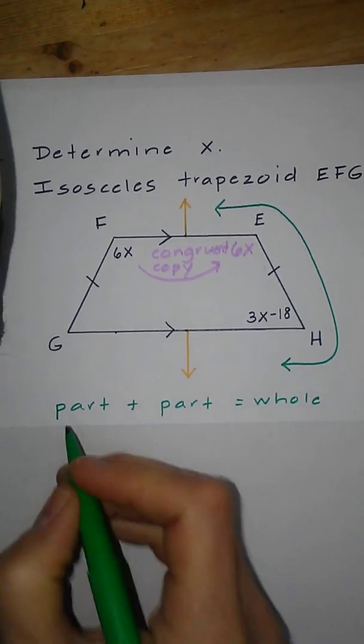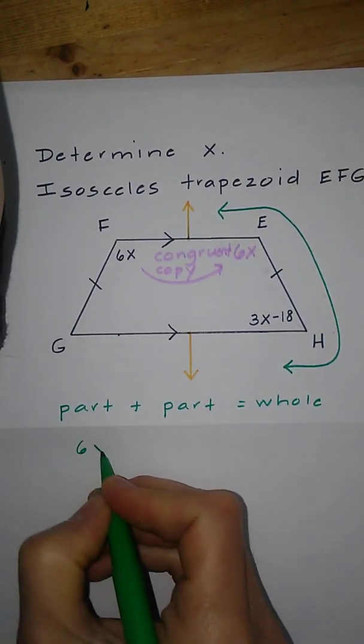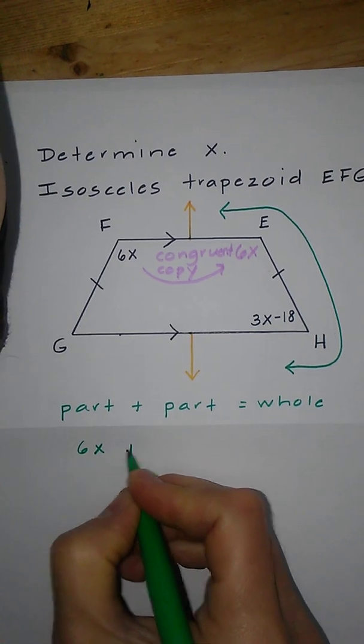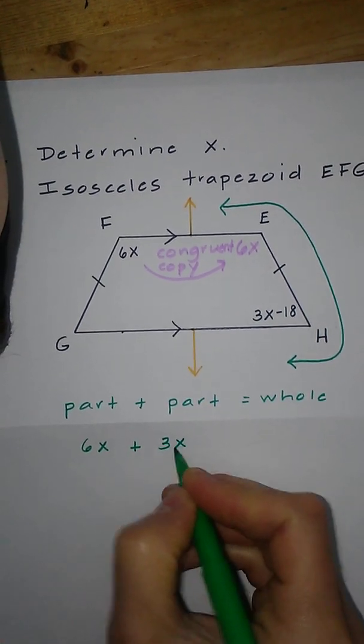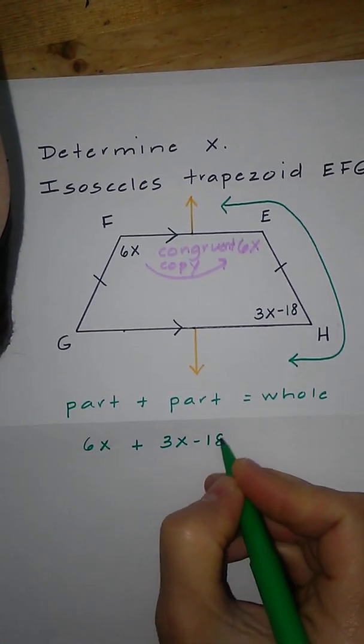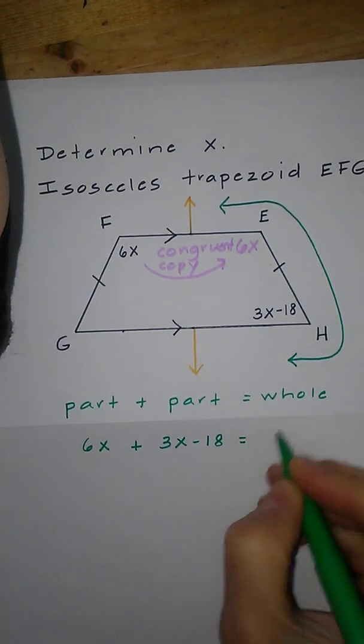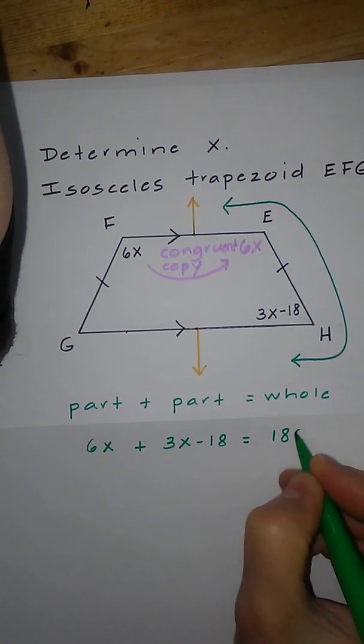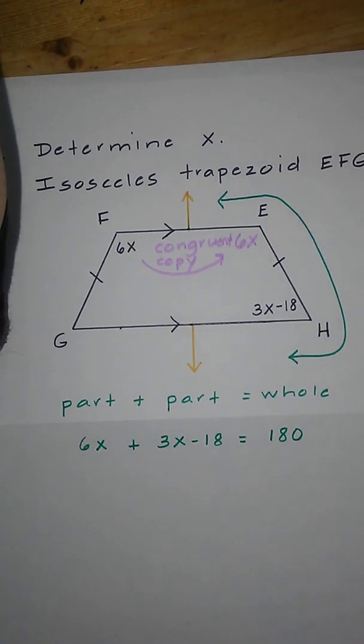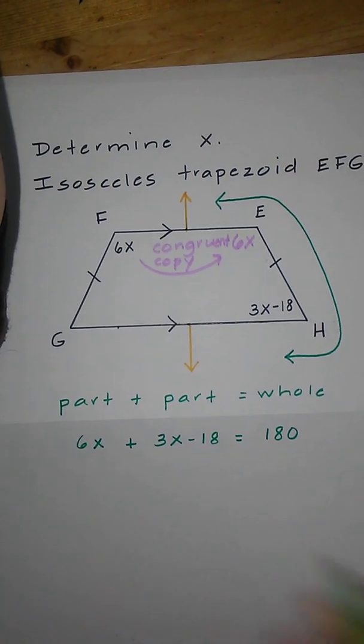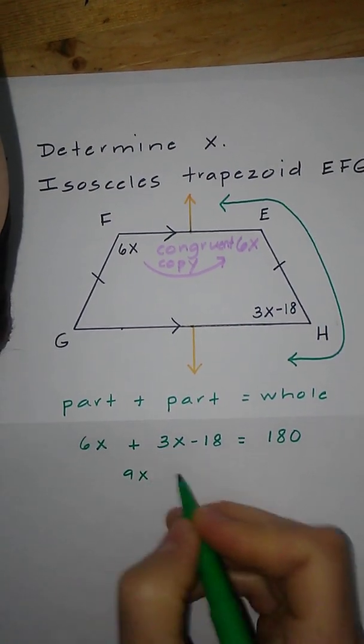So I had the 6x that I copied, the 3x minus 18 in its original location, and the whole is 180 because we have a set of supplementary angles. Combine like terms.